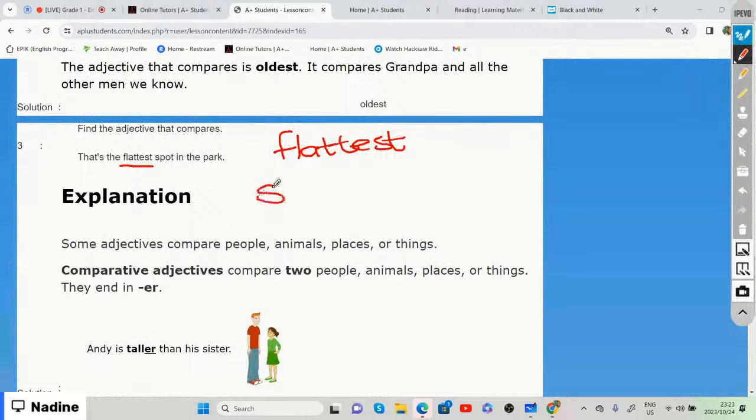This is a superlative adjective, and it ends in est.